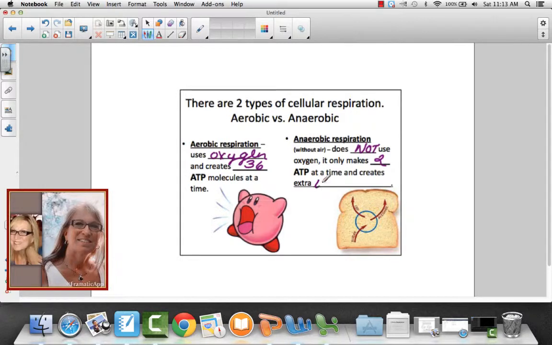And it creates extra waste products. So, it doesn't take a genius to figure out which one of these is more beneficial. Clearly aerobic respiration, because you're producing a whole lot more energy.